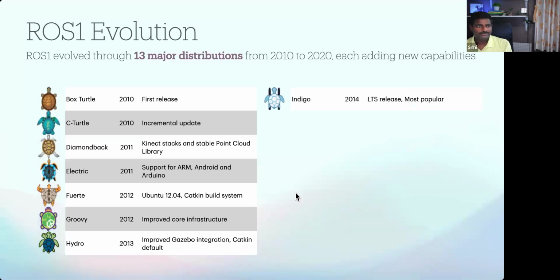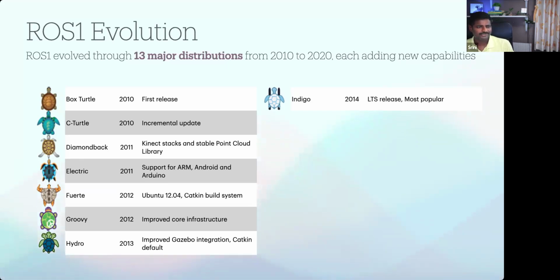The next one was Indigo, in 2014, and it's an LTS release, which is a long-term support release. What this means is a release that will have support for 5 years, and this is something that Ubuntu started doing, I think, around the 2008 or 2009 timeframe.